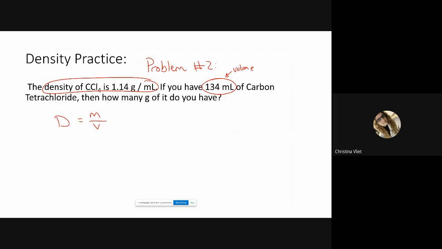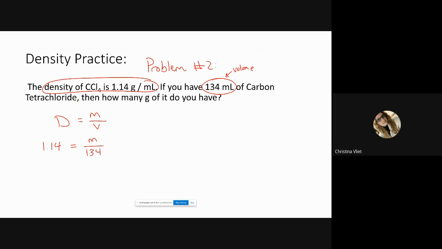So if I plug in 1.14 for density, I'm solving for mass, and for volume, what number would I plug in? 134. So what would we do now? Multiply.